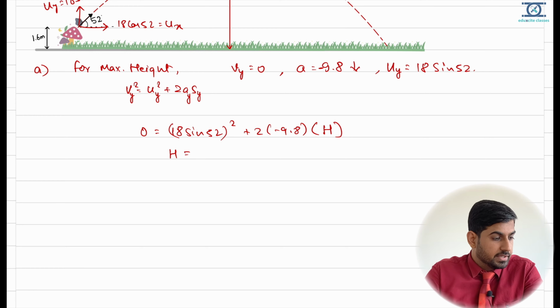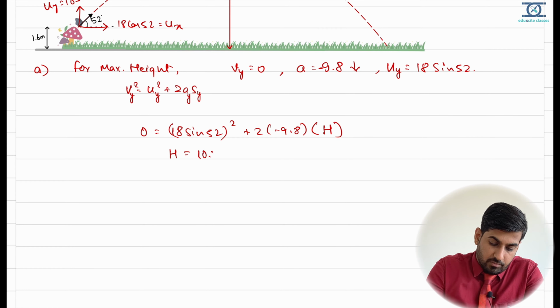I have already done the calculation. It will be 10.3 meters above the projected point.